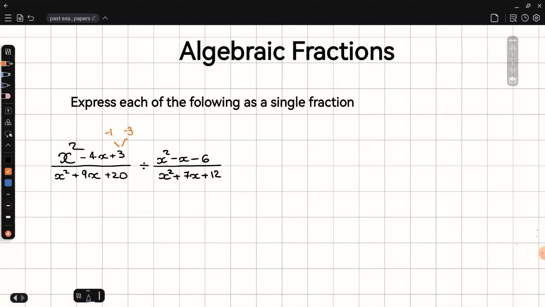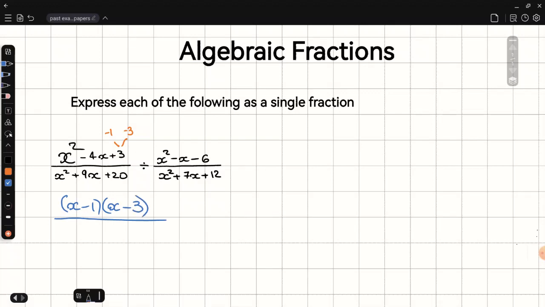If I multiply two negative numbers, that gives positive 3, but if I add negative 1 and negative 3, that gives negative 4. So I can write it as x minus 1 and then x minus 3.